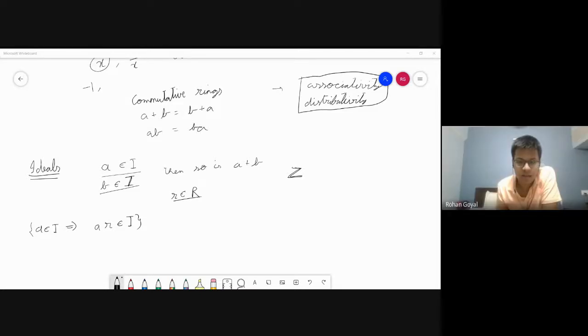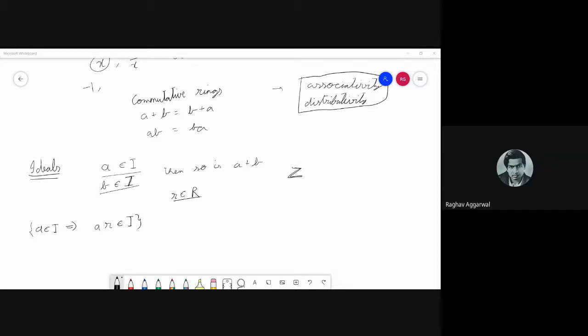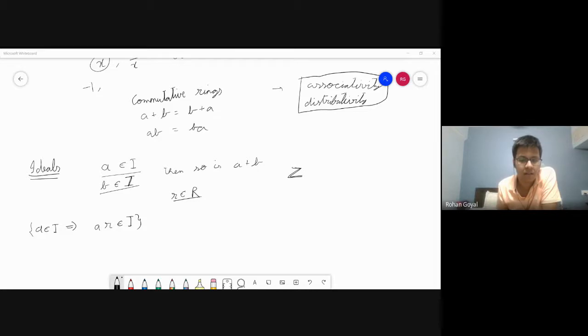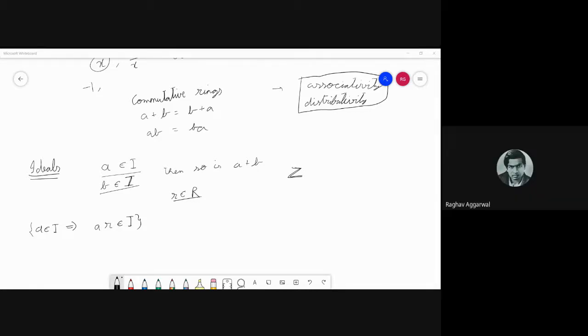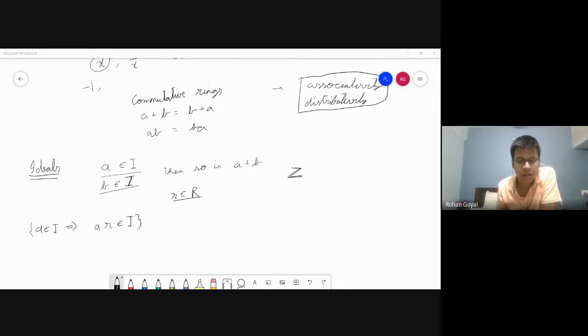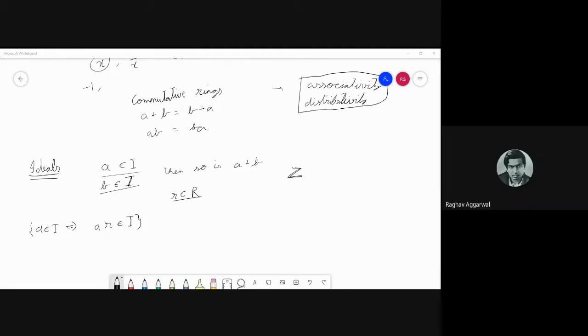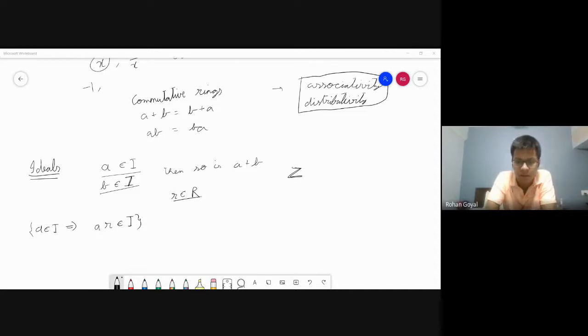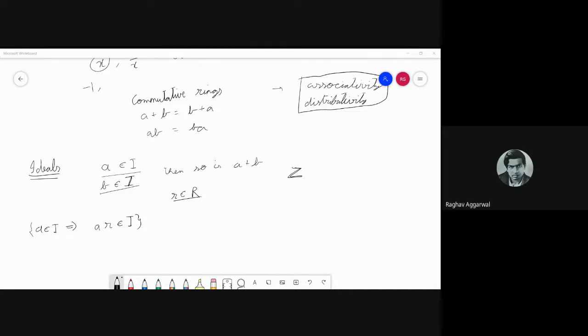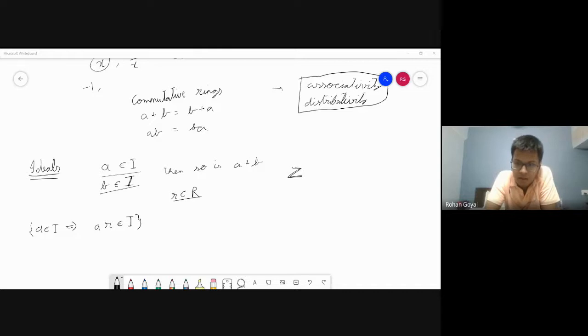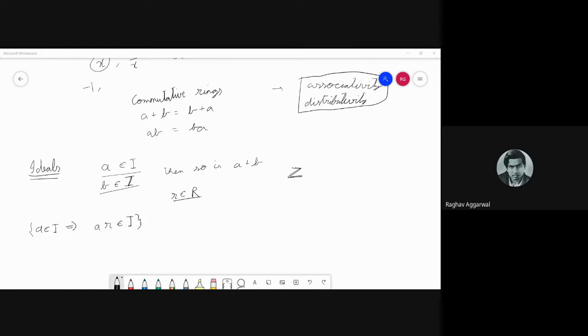No, negative numbers have to be there, because you have to scale by a negative number. In Z, as long as it's not the zero ideal, it has to have infinitely many elements, because you can just add the minimum. Finite ideals also exist? Infinite ideals exist, why not? In Z, just the zero ideal is a finite ideal. Okay.